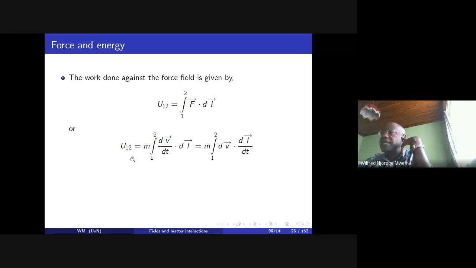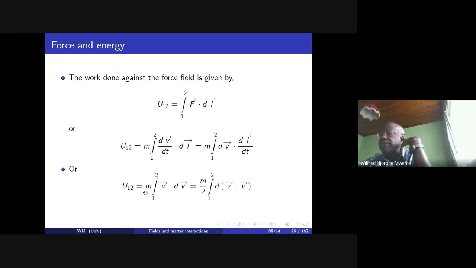In other words, we can replace F by its value, that is m dv/dt, dotted with dl. And you can see that dl/dt is of course the velocity again, an element of velocity.